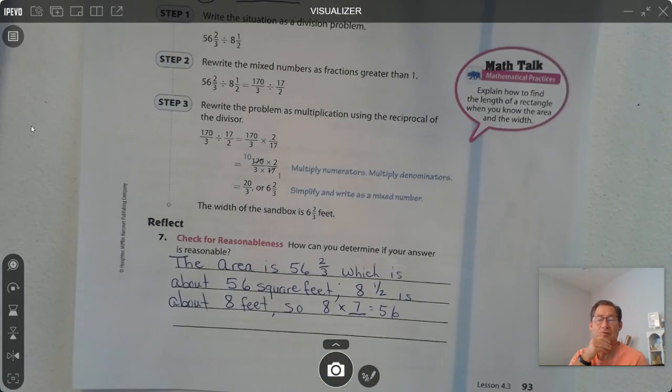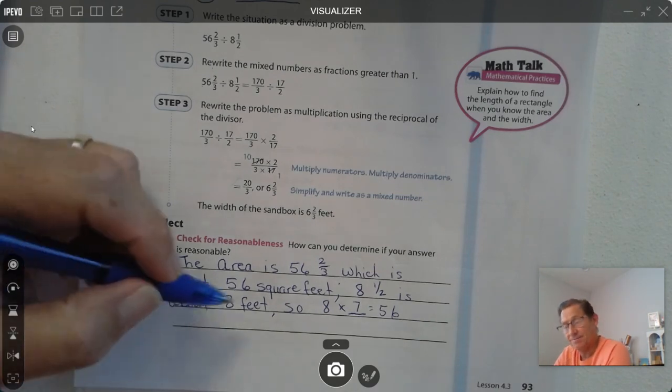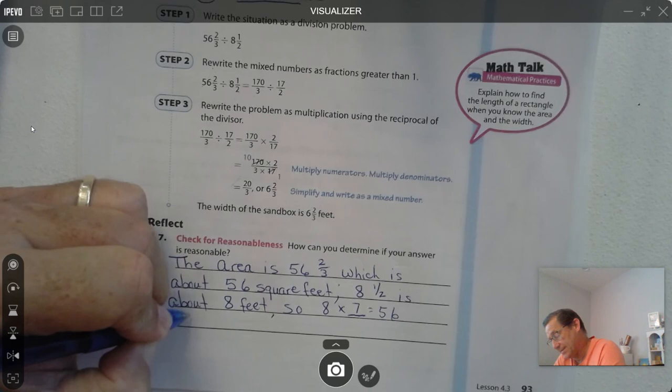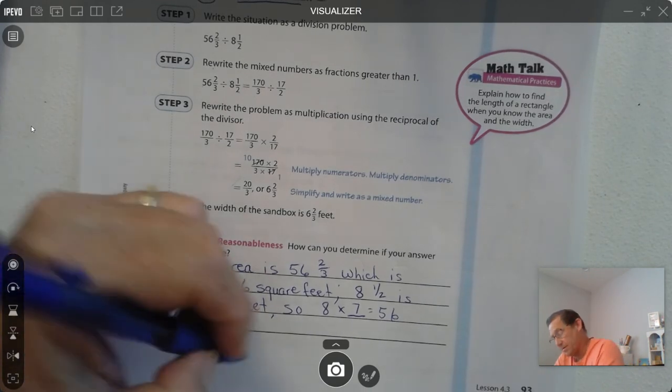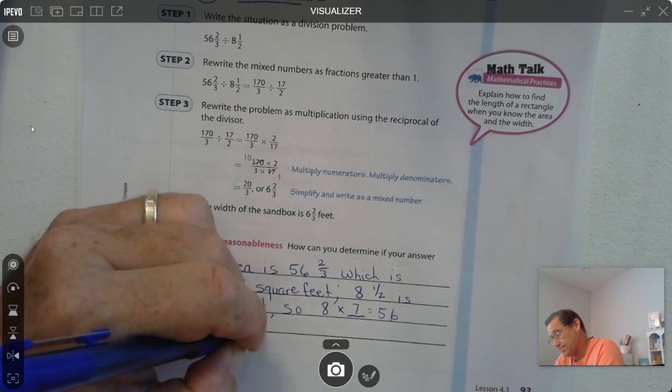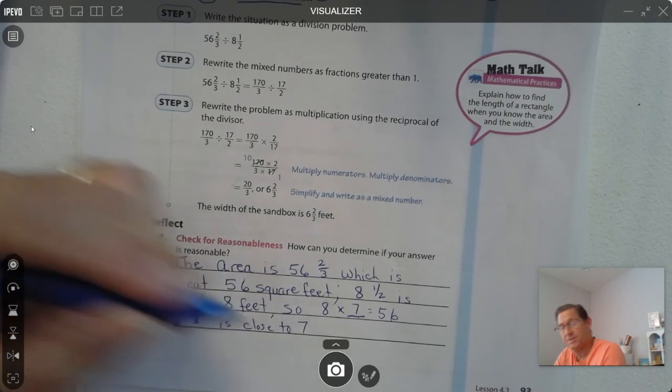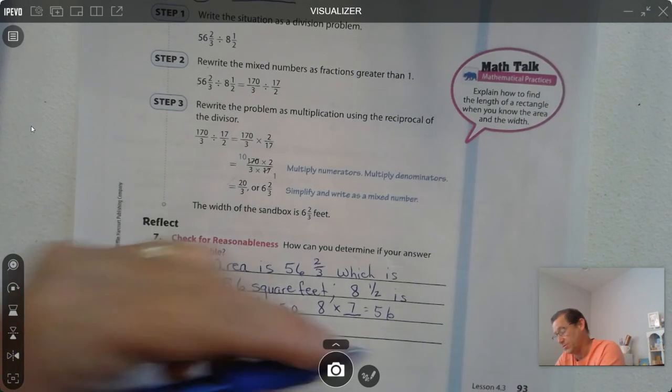Okay, so again, all we're doing is basically rounding to the nearest whole number here, or something that would be a multiple of 8, basically, in this case. So 8 times 7. And then we're looking at 6 and 2/3, right? That was our answer, which is close to 7. So the answer is reasonable.